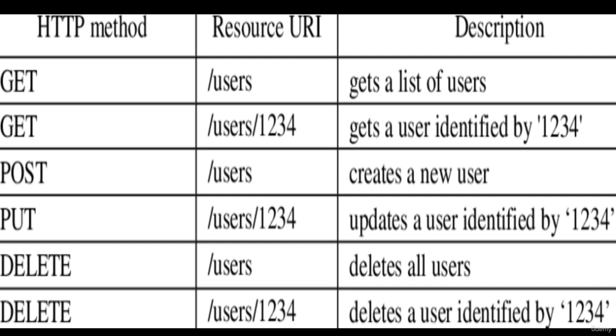Again, HTTP method GET user gets a user identified by 1234 or anything, and POST users creates a new user, and PUT users 1234 updates a user identified by 1234. Then that can be delete or update. It's a feature.